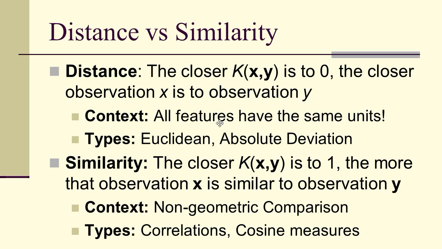Similarity means that the closer k is to 1, the more that an observation x is similar to observation y. And here we're looking in particular at non-geometric types of comparisons. In particular, correlations and cosine measures will be the two that we focus on.